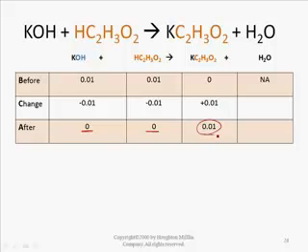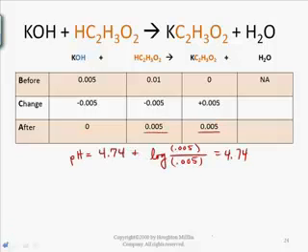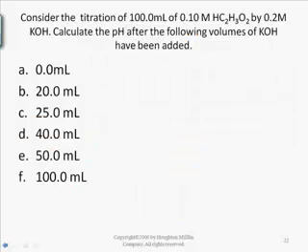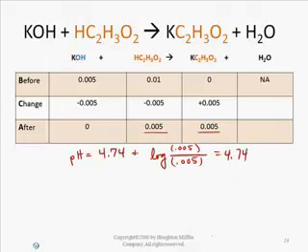And since I didn't keep track of my volume, I will need the molarity here. So let me flip back just real quickly to see how much I've added. So I've added 50 milliliters of that too. So I have 150 milliliters as my total volume at this point.